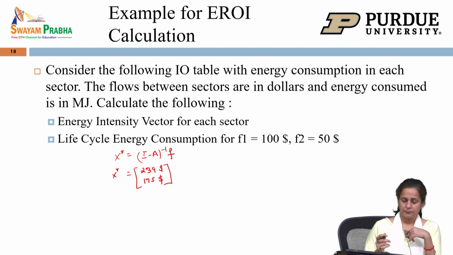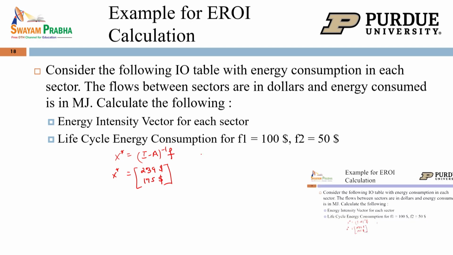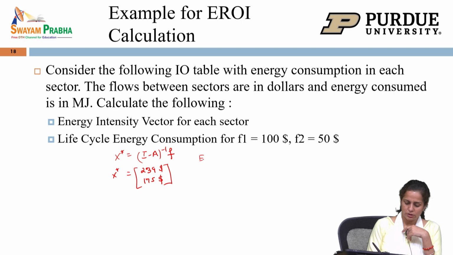You can go back to the previous modules where you have the calculations for this model and for the A matrix. Now, to calculate the total life cycle energy consumption, which is the processing energy, we can use our energy vector E times x star.